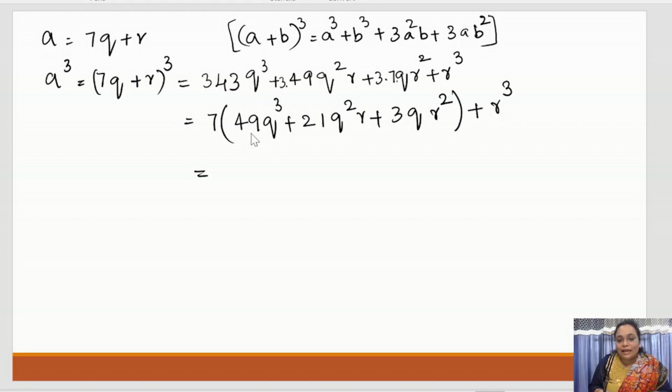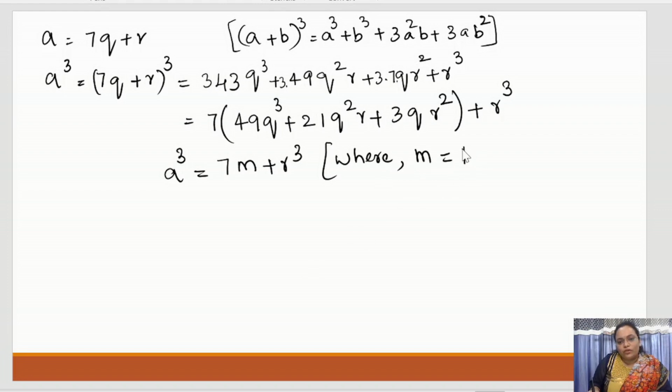Now I can take 49q cube plus 21q square r plus 3qr square as m. So this is 7m plus r cube. This is a cube, where m is equal to 49q cube plus 21q square r plus 3qr square.